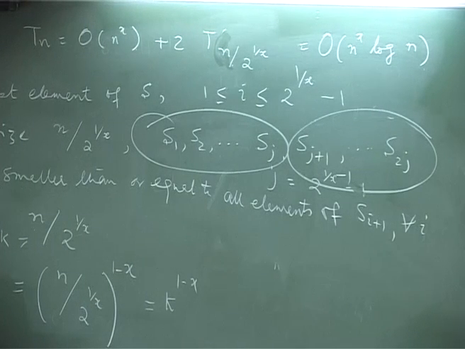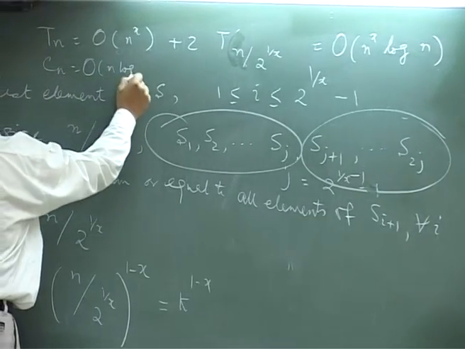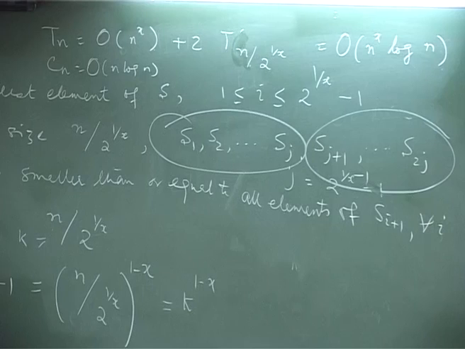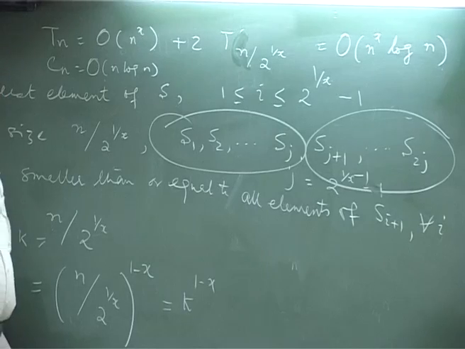Yes. If that is the case, then the cost C(n), because the number of processors is n to the power 1 minus x, you get C(n) of order n log n. So this is always cost optimal.